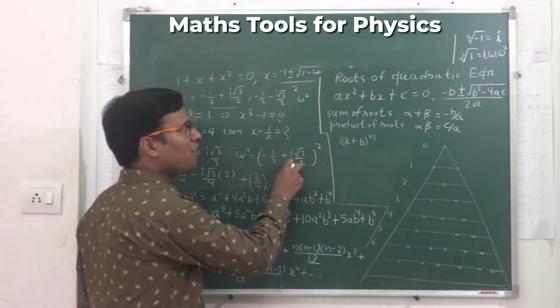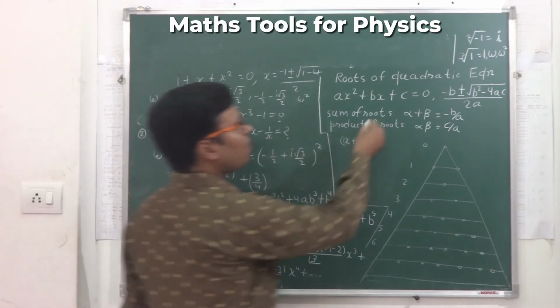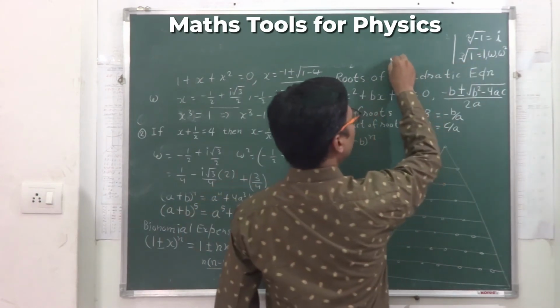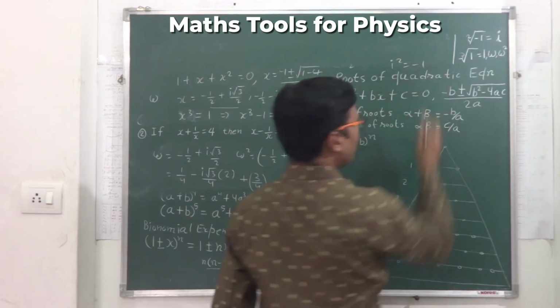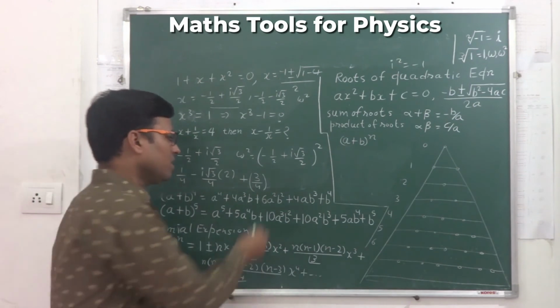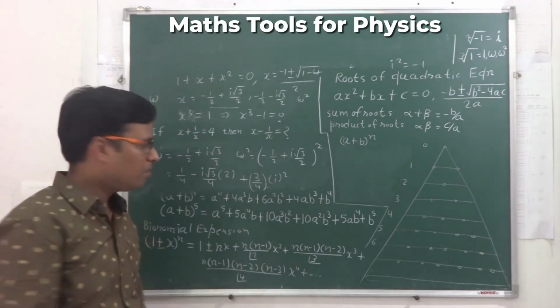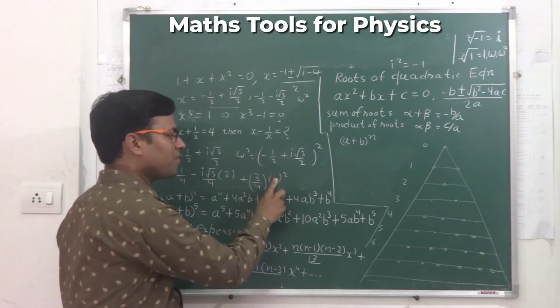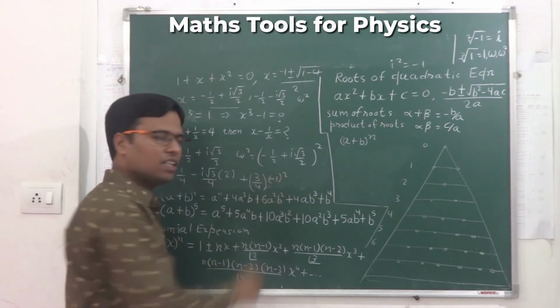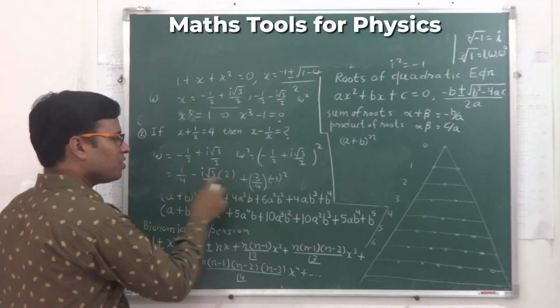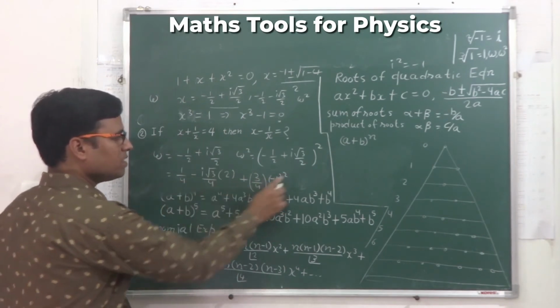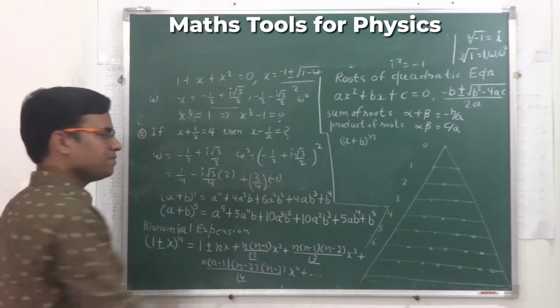But the square of iota would be equal to minus 1. So write it here iota square, but iota square would be equal to minus 1. Simplify those terms into a single term.